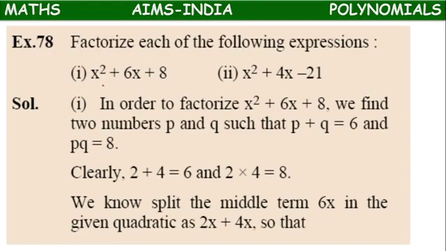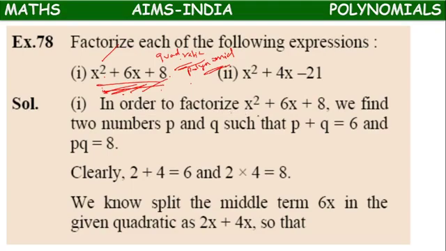So here children, what is this? Here the highest power is 2, so this is a quadratic polynomial. So what we are going to do is factorization of this quadratic polynomial, and we are going to find the factors of this polynomial.